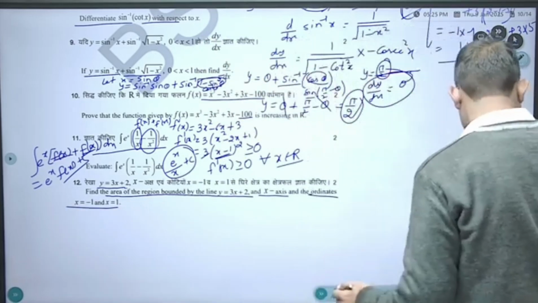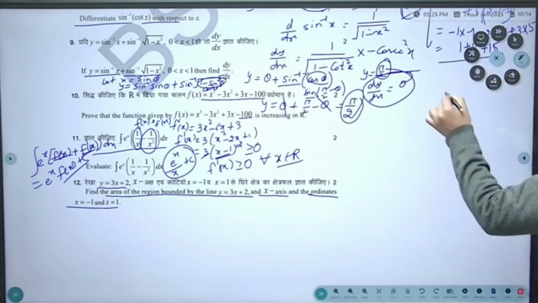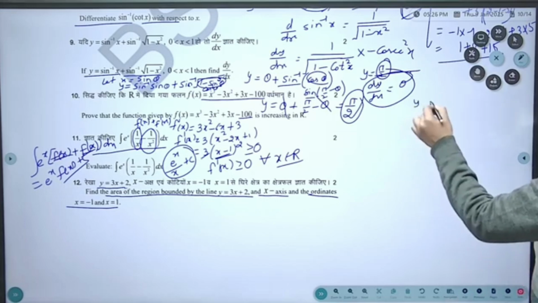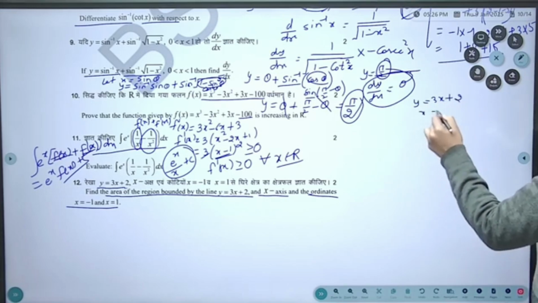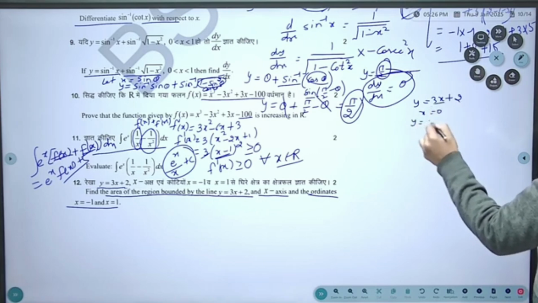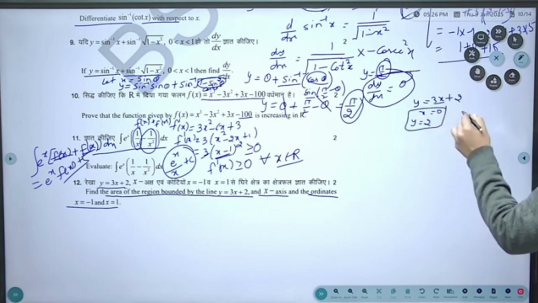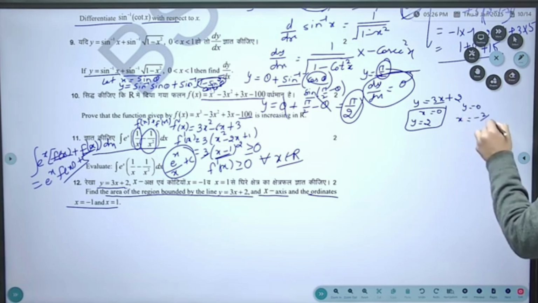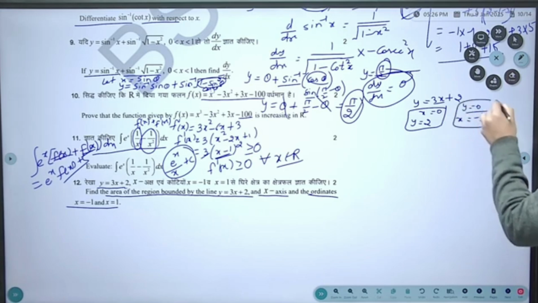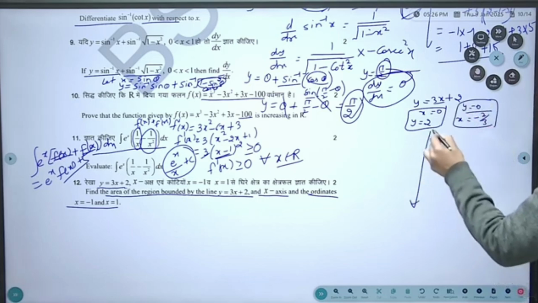So y is equal to 3x plus 2. If x is equal to 0, then y is equal to 2. This will be our first point. And if y is equal to 0, then x is equal to -2 upon 3. This will be our second point.